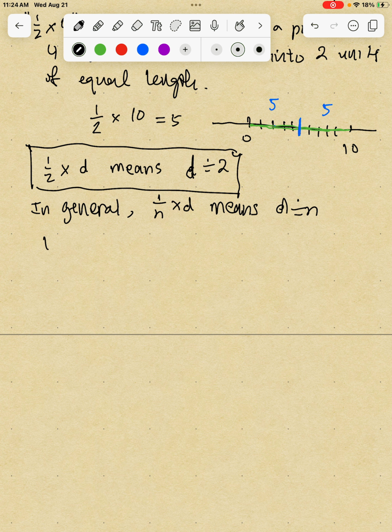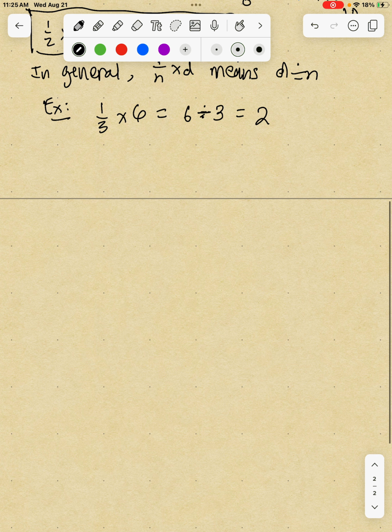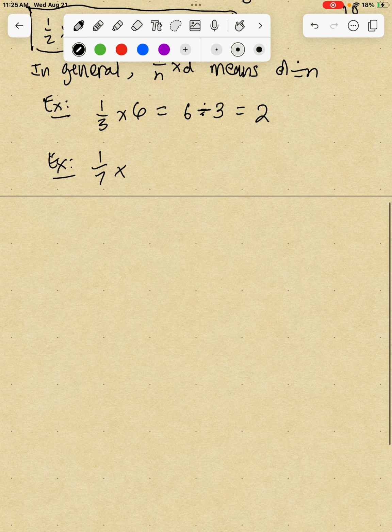So for instance, if I had 1/3 times 6, this is the same as 6 divided by 3, and that's 2. Okay, maybe one more example. 1/7 times 42 is 42 divided by 7 makes 6. So the answer is 6. 1/7 times 42 is 6.